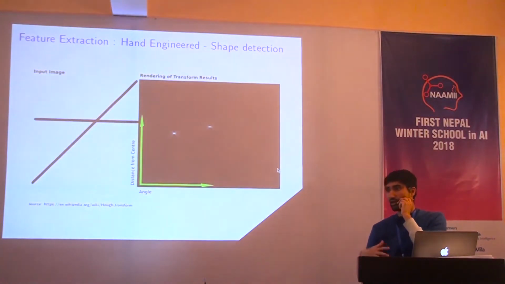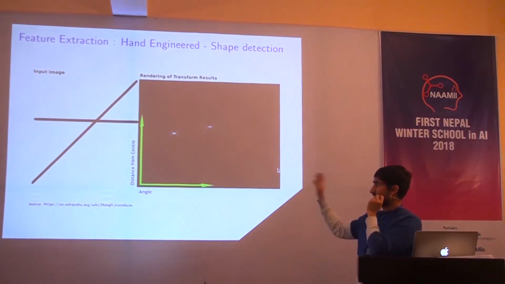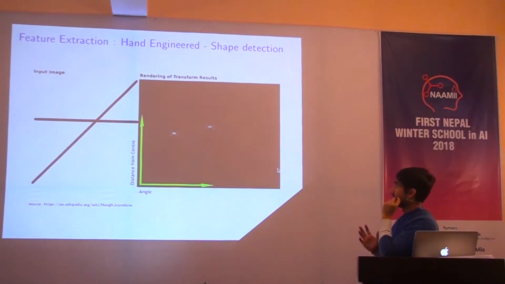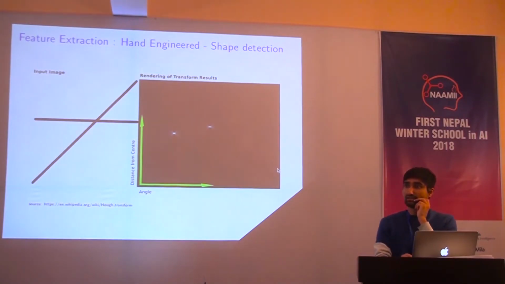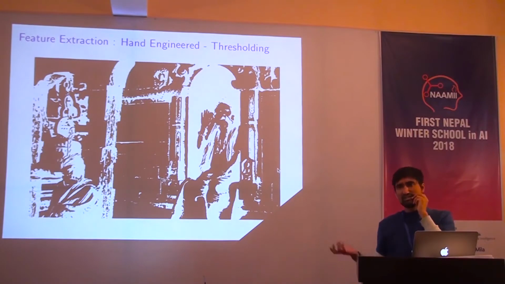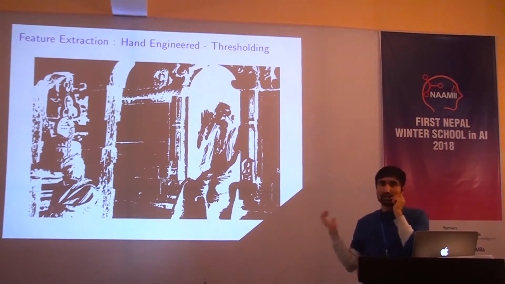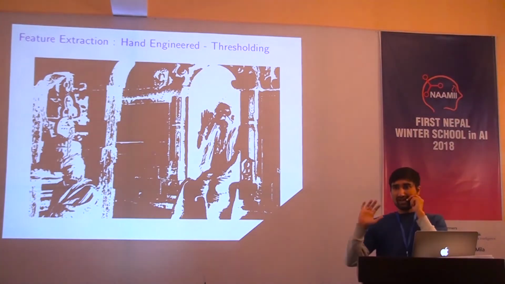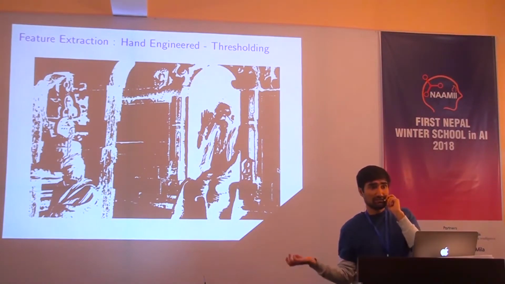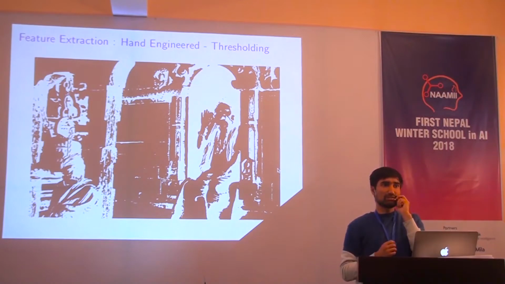Similarly, there are other things we can do. There is the Hough transform, a quite well-known transform where you can detect lines in images, and even planes in 3D images. And there is the very simple thing of thresholding. You have intensity values, and if the value is greater than, let's say, 50, I make it 1.